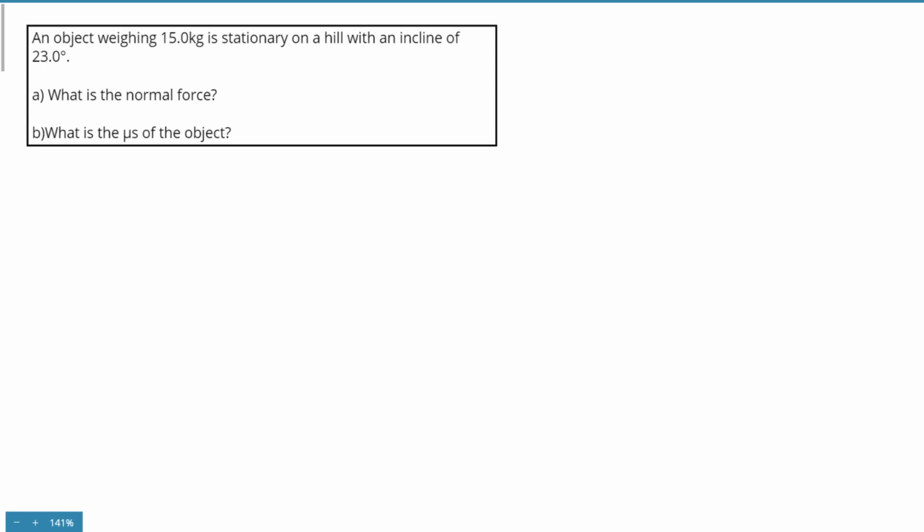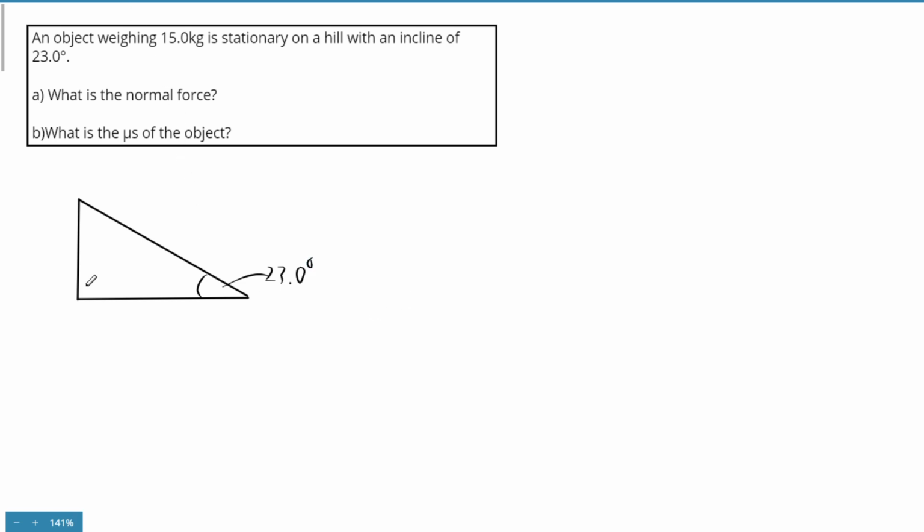So we should start by drawing a diagram. Let's just draw what the question says. It's not to scale, but this should be 23.0 degrees.